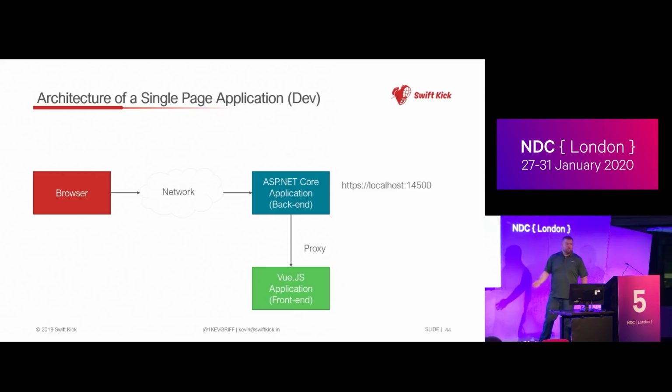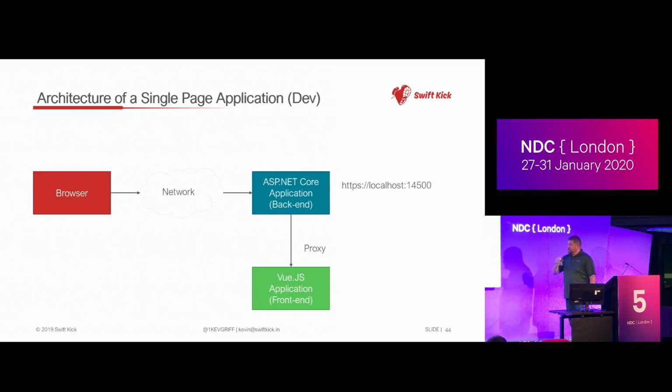Well, instead of returning a 404, it's going to proxy or send it off to our Vue.js server running on a different port. Now, it's Vue.js's responsibility to return something. It will always return either index.html or the corresponding JavaScript and CSS files. But this means no matter what I'm doing, I'm using the same URL every single time.